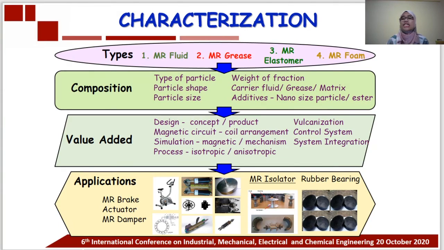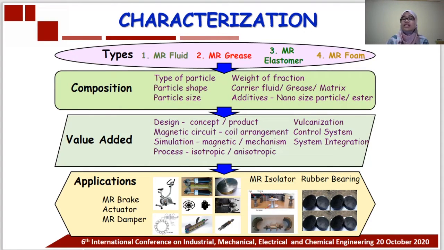Playing with different kinds of magnetic particles, the shape, the sizes, or a combination of these two parameters, different carrier media, the composition of either the magnetic particles or carrier medium, or playing with additives in terms of nano size or micron size, all of these parameters are known to cause changes in the structure of MR fluid that subsequently would affect the resultant behavior or properties of these MR materials.